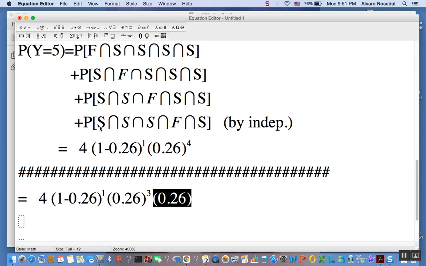Just pay attention to the first 4. So if I wanted you to find me the probability of observing 3 successes in a series of 4 trials, what would be the distribution that you would use?